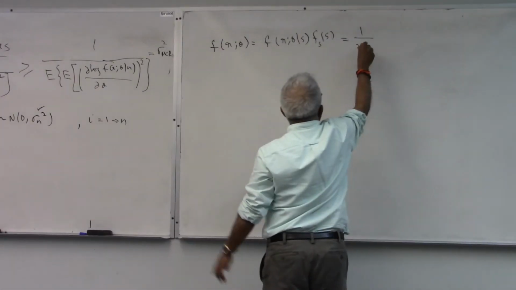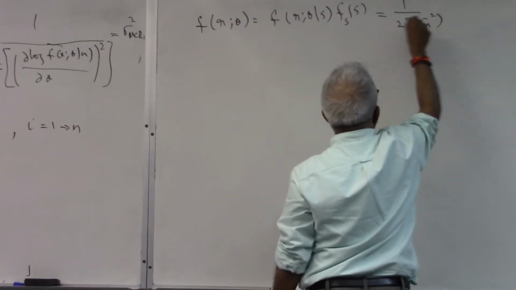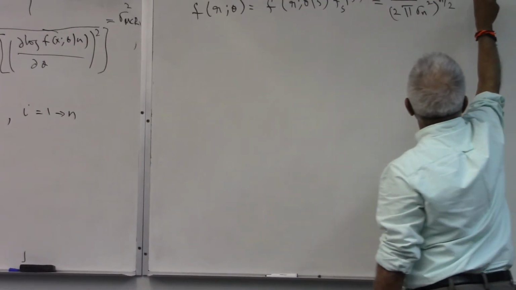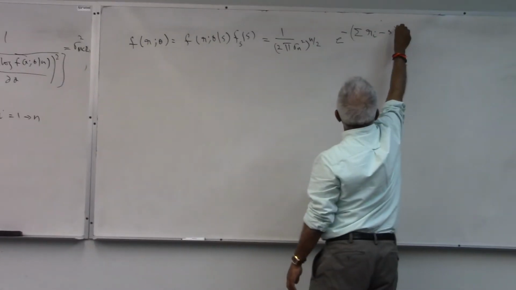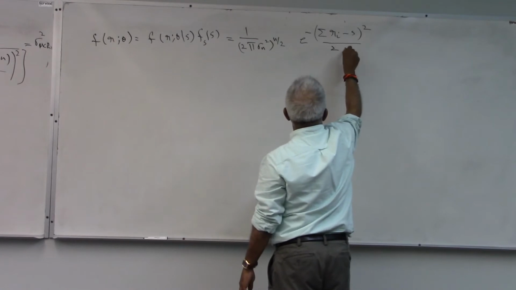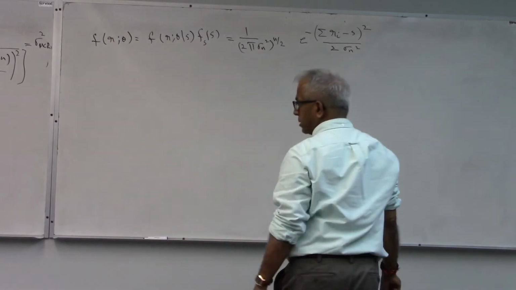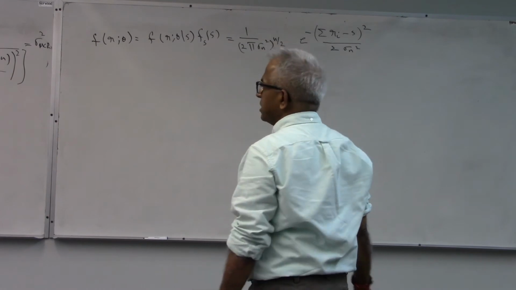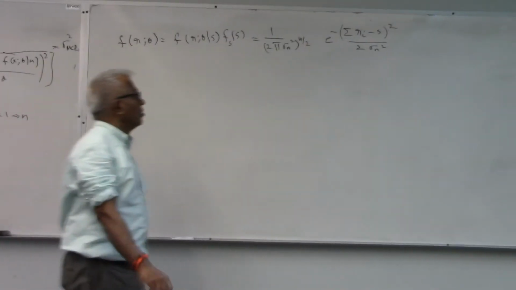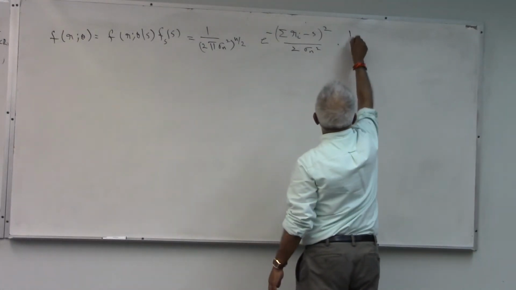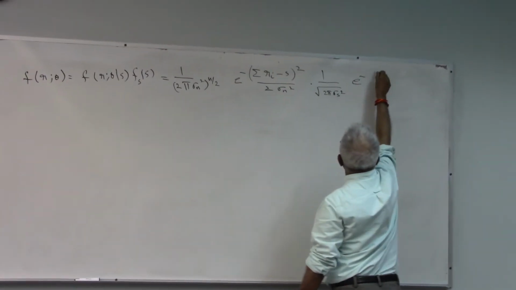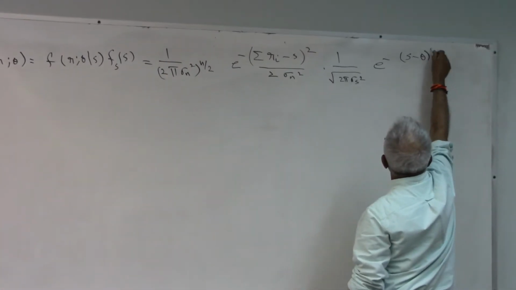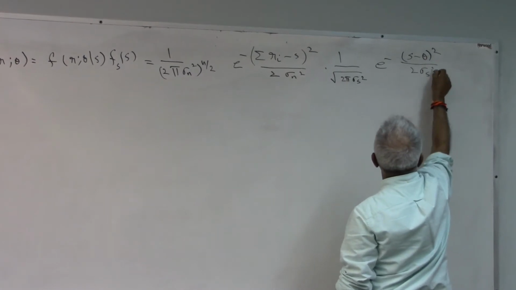That's going to be 1 over (2 pi sigma n squared) to the power n by 2, e to the power minus sigma (Ri minus S) over 2 sigma n squared, multiplied by the density function of S. That's also Gaussian, so this is multiplied by 1 over square root of 2 pi sigma s squared, e raised to minus (S minus theta) the whole squared over 2 sigma s squared.